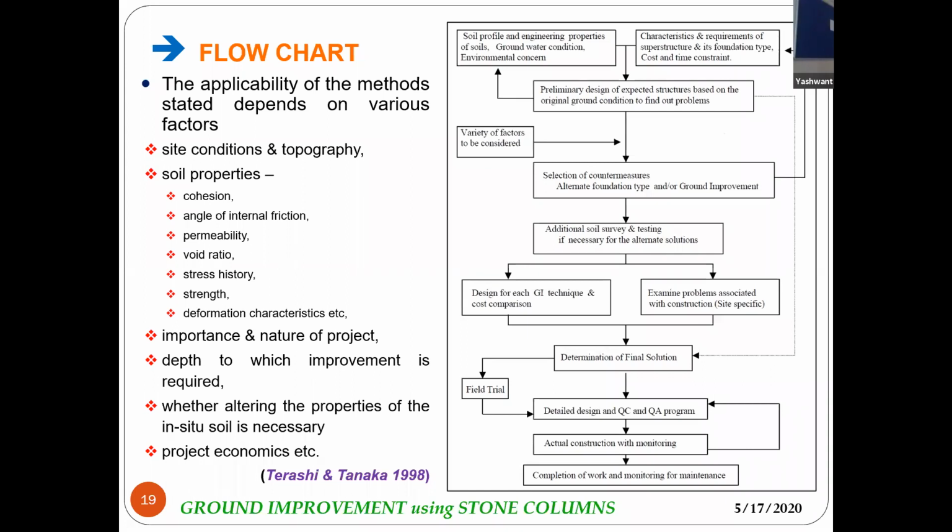So cohesion plays an important role for fine grained soils. Then the angle phi, the permeability, the void ratio e, the past stress history of that particular soil, the capacity or the strength, the deformation characteristics, stress strain behavior, the creep, etc.